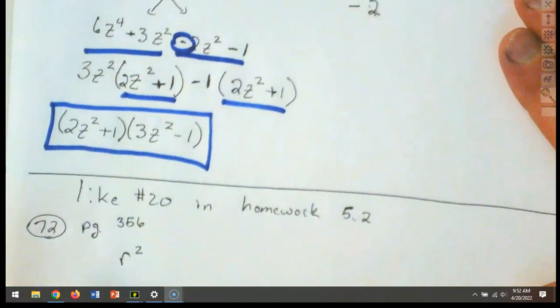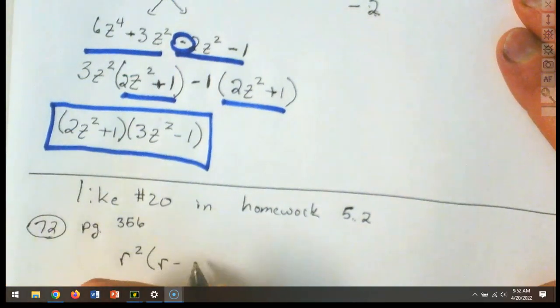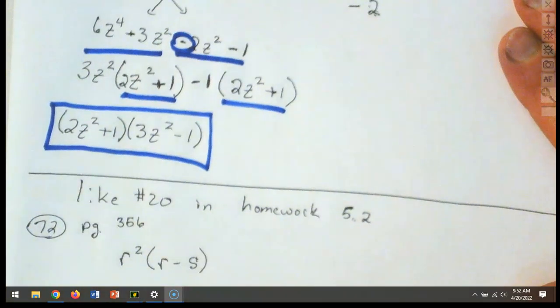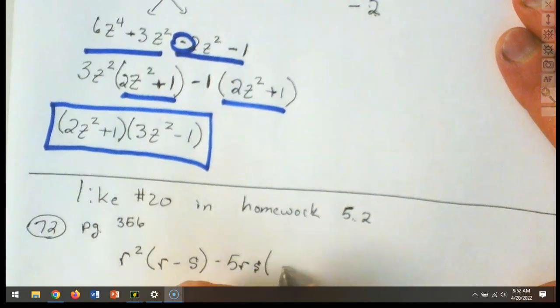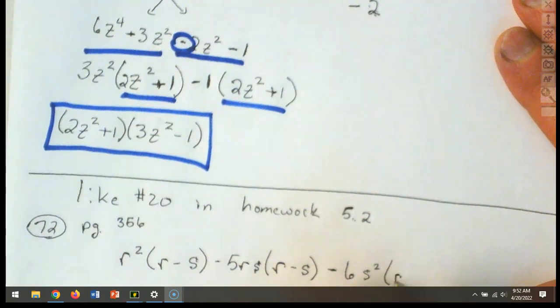So we've got r squared times r minus s, minus 5rs times r minus s, and then a minus 6s squared times r minus s.